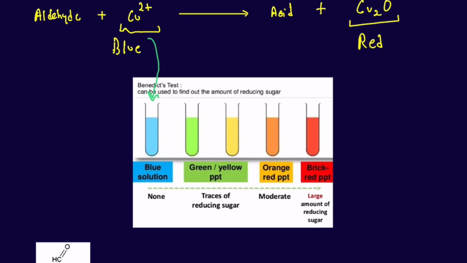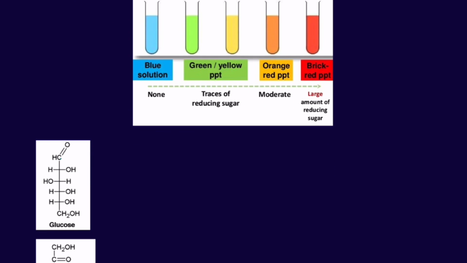Now, where is its application? The application usually comes in whenever someone is diabetic and glucose starts appearing in the urine sample. They run the Benedict test to figure out if glucose is indeed in the urine, and to some extent in what concentration. That's because glucose has an aldehyde functional group.